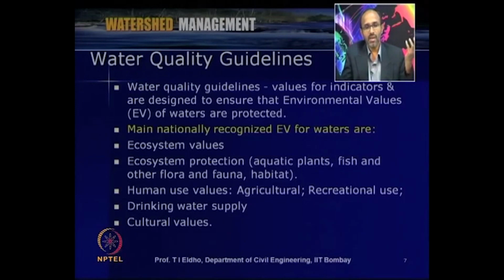And then it can even be for cultural values, for example, for religious purposes, when we are using some location of a river or some lakes. Then we have to specify what the water quality guidelines are for the particular use, when we do monitoring or sampling.